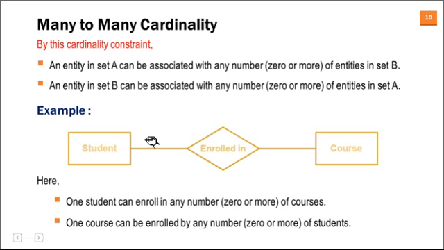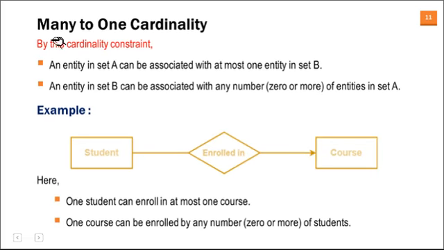Here I can mention M to M relationship. Next is the many-to-one relationship. In this, I have entity set A and entity set B. Here the relation is many and one.